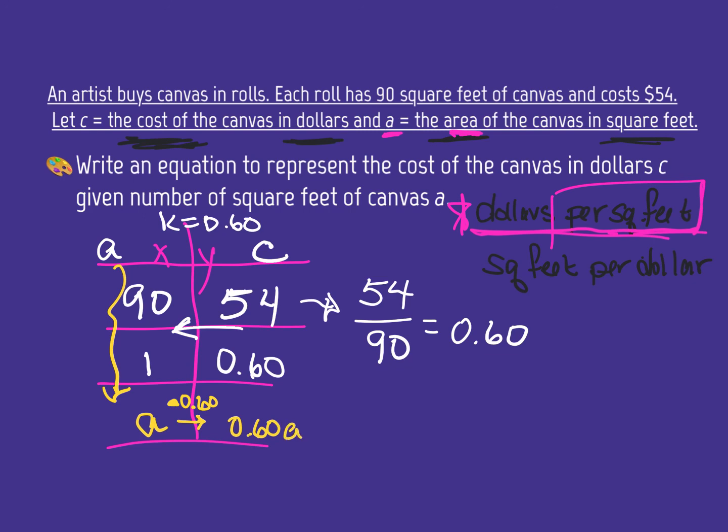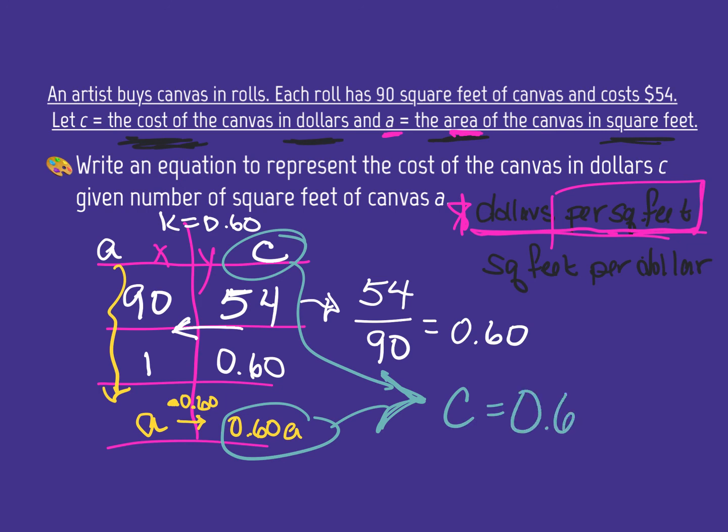I'm going to come back and circle that answer and the variable at the top because they are, of course, equal to each other. And those two expressions are going to give me my equation of C equals 0.60A as my equation.